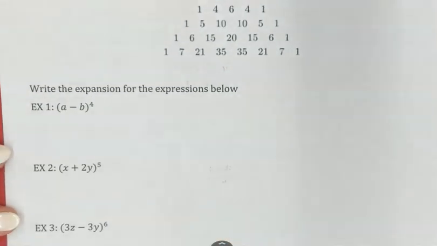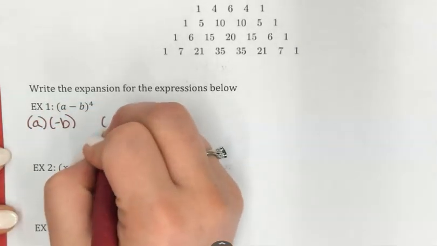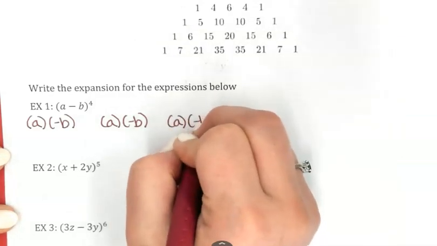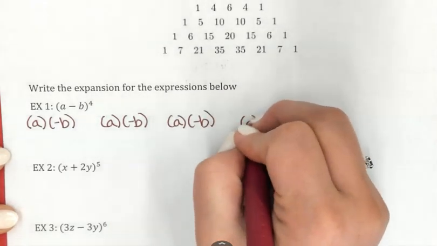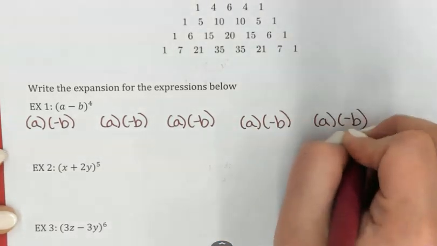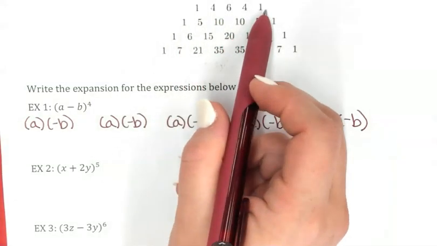And I'm going to have 5 terms. So I'm going to start there by just getting my 5 terms. So I'm going to have a negative b, there's 1, a negative b 2, 3, 4, and 5. Then I'm going to look down my row at my coefficients.